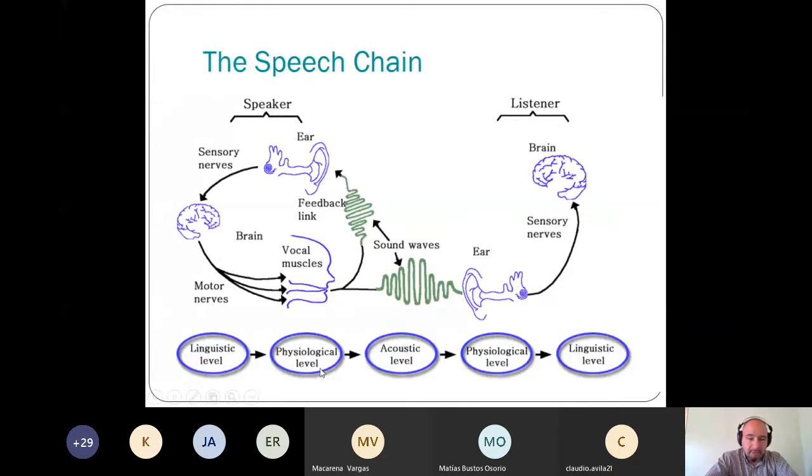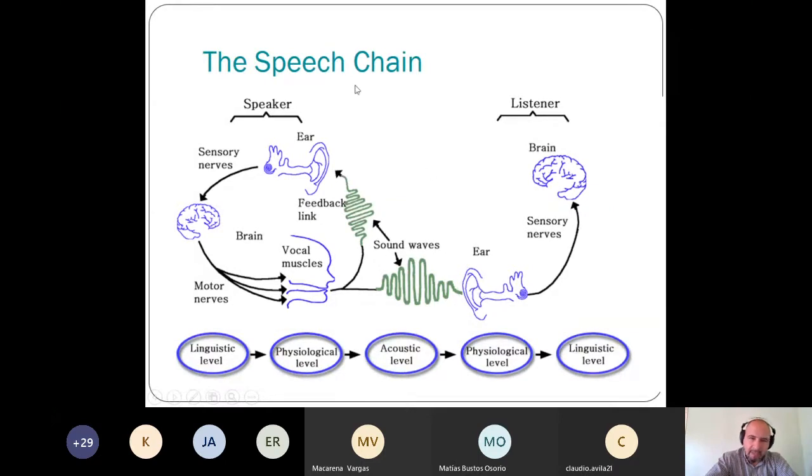Which parts of the body move here in the physiological level, and in the acoustic level, which has to do with the sound waves that are registered by the ear and interpreted in different ways.